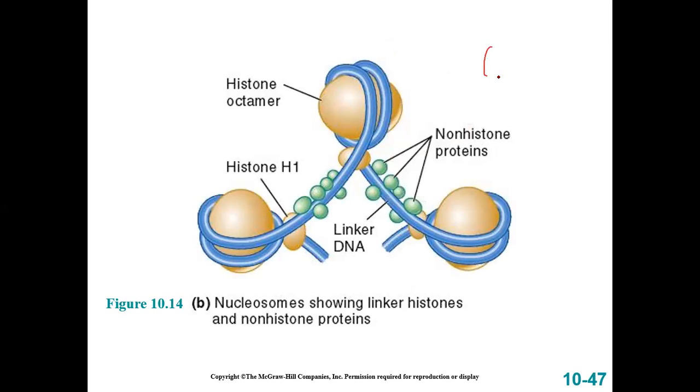So for example, if this is the histone protein and here the DNA is bound on it, this one is the H4 in two forms, and this one is the octamer. Here the linker histone protein is present to clip the DNA, or to pack the DNA tightly with the histone.